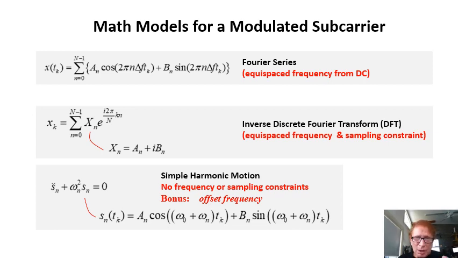It allows for an arbitrary digital sampling pattern, including non-equally spaced samples. And it allows for a known DC offset that is applied to all subcarrier frequencies. The modulated A and B terms are represented in the solution exactly as before. The benefits of removing these constraints will be evident shortly.